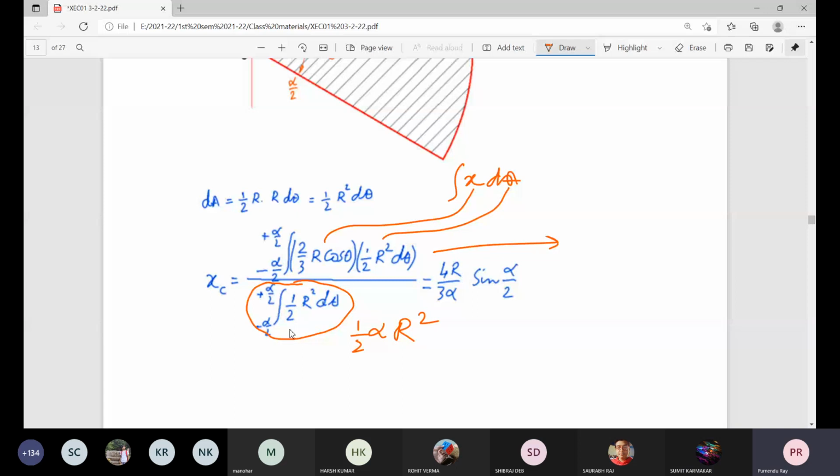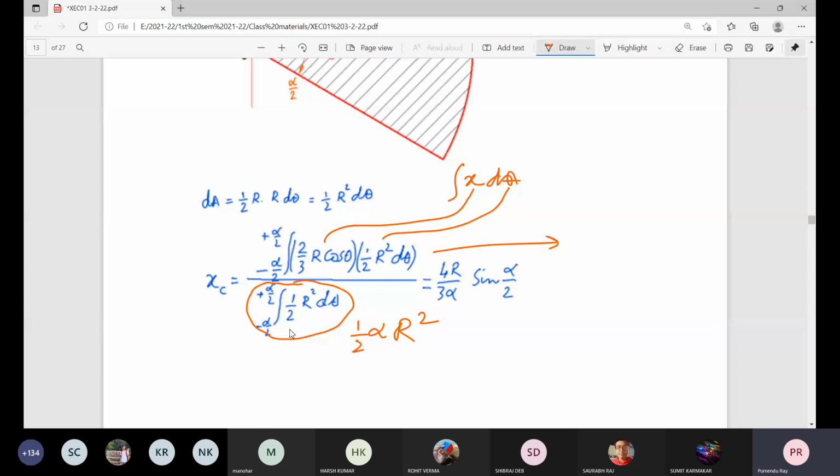If it is a semicircular sector, then the area will be half central angle pi r square, and the location of the centroid will be along this line of symmetry. It is at 4r divided by 3 pi multiplied by sine half pi.